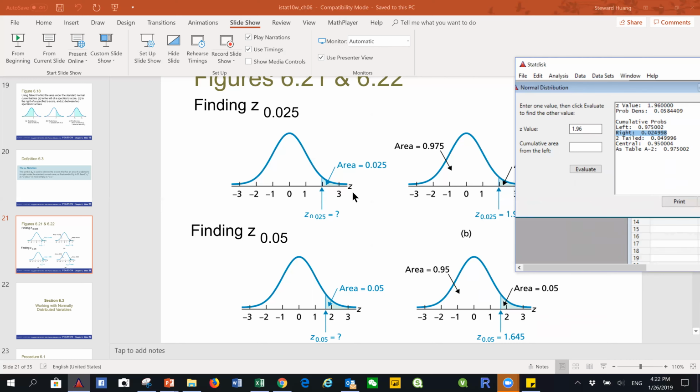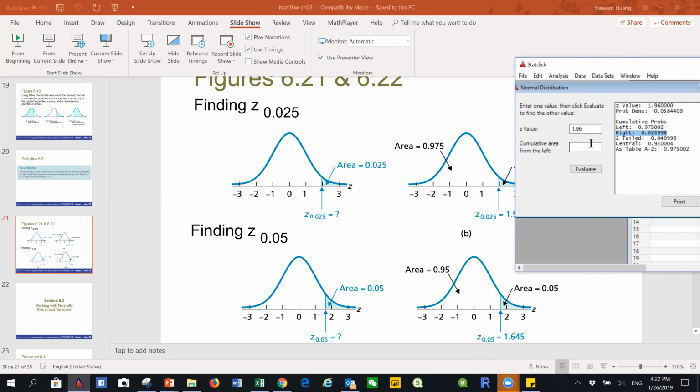You see? So I call it forward or backward. When you know the area, to the right or to the left, when you just know one, you know the other. Either one is fine. And you will be able to calculate the value. And this is called forward.